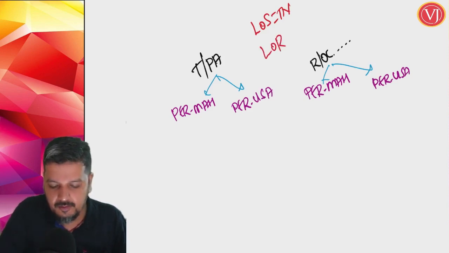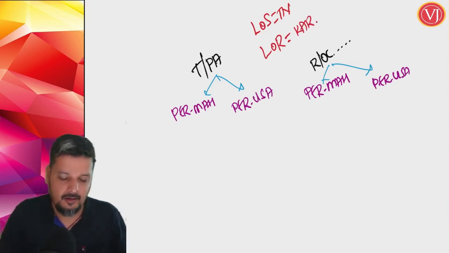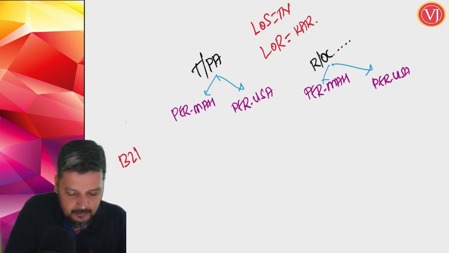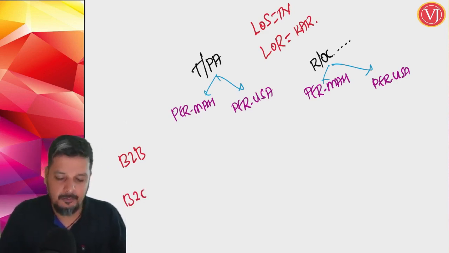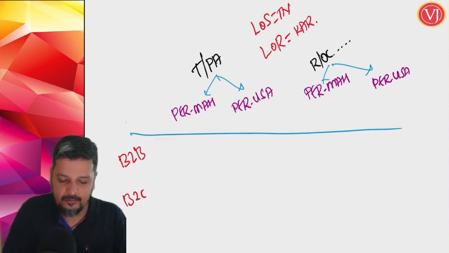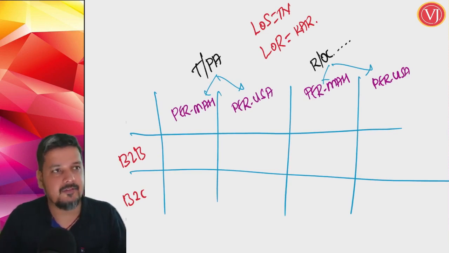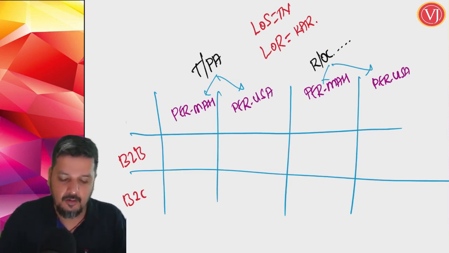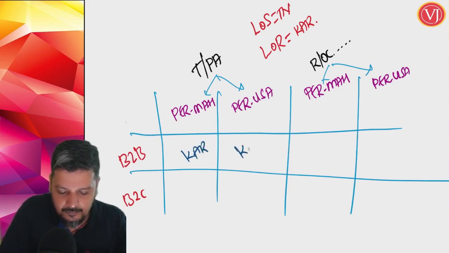Location of recipient is, say, Karnataka. B2B case, B2C case. If it is a B2B case, training and performance appraisal, what will be the answer? The answer will be Karnataka.